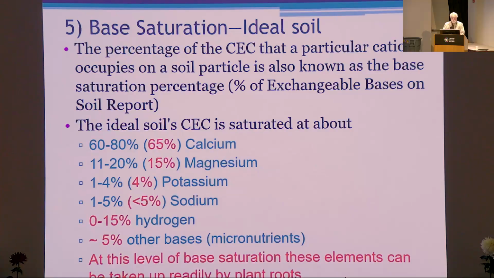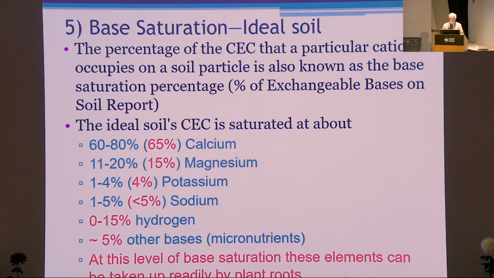It turns out from studies that were done about 60 years ago that if soil particles like clay have that ratio of calcium, magnesium and potassium, it creates the absolute ideal conditions for plant growth.